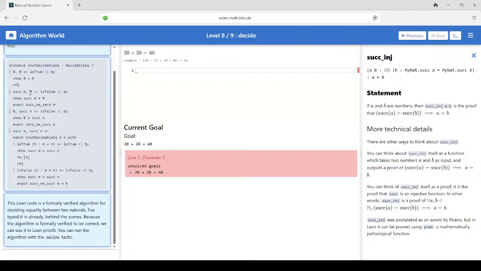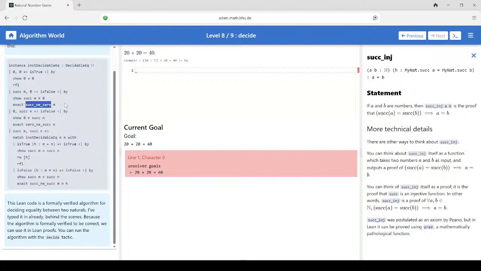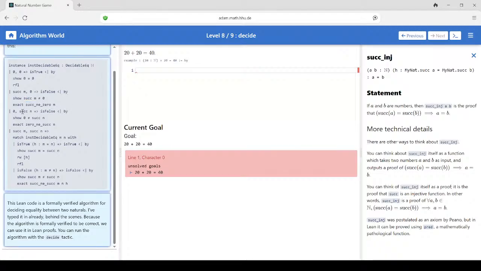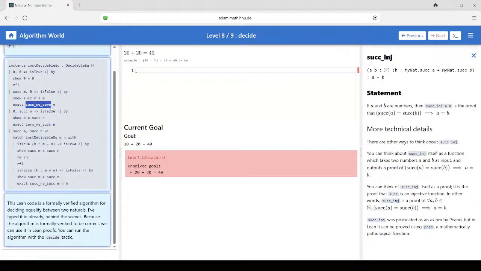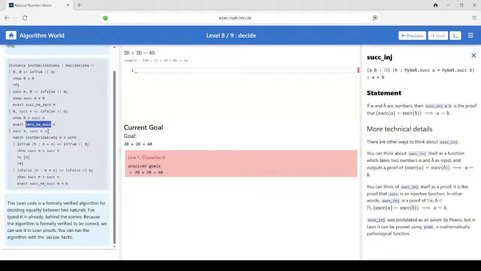The successor of m and 0 is false because m successor does not equal 0. The other way around is the same. 0 and the successor of n is false because of the opposite. Successor ne 0, 0 ne successor.